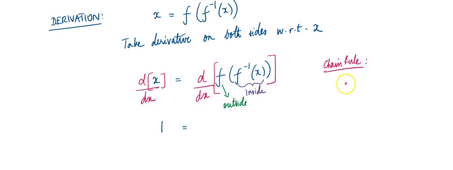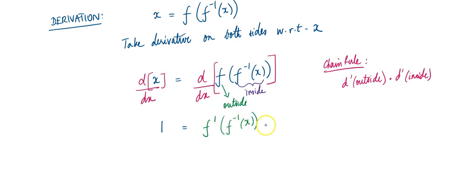Chain rule basically in words would mean derivative of outside times derivative of inside. So now we need to take the derivative of the outside, which is f prime. The outside is the f, so take its derivative and keep the rest as it is.